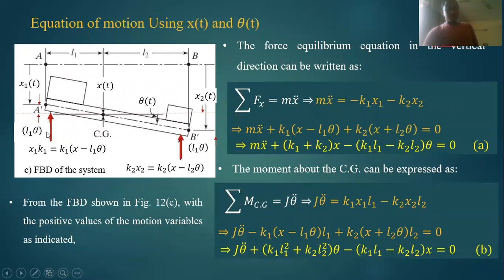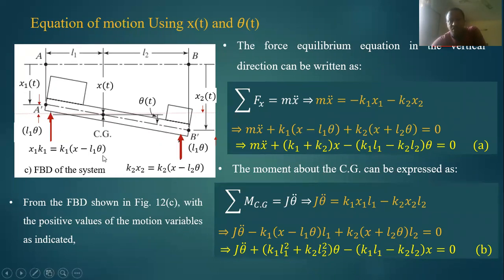For the equilibrium equation of this part, x1 means we have x minus L1 theta. For example, if we see from here to here, the distance from the CG point is x1 of t plus L1 theta.